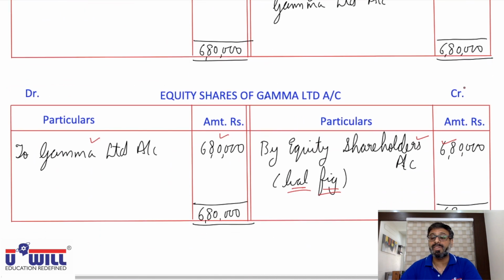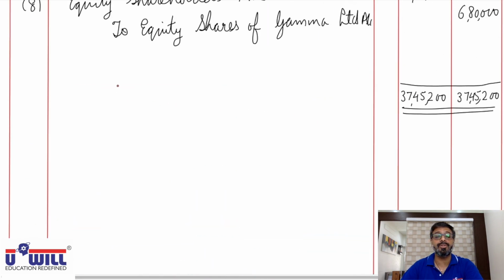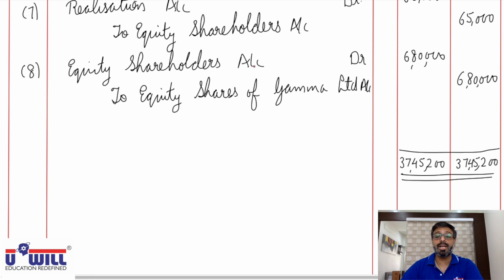And equity shares of Gamma Limited, it's on credit side, so to equity shares of Gamma Limited account 6,80,000. Last entry, equity shareholders account debit 6,80,000, to equity shares of Gamma Limited account 6,80,000. Okay, equity shareholders are the receiver, debit the receiver, and equity shares of Gamma Limited goes out, credit what goes out, to equity shares of Gamma Limited 6,80,000.